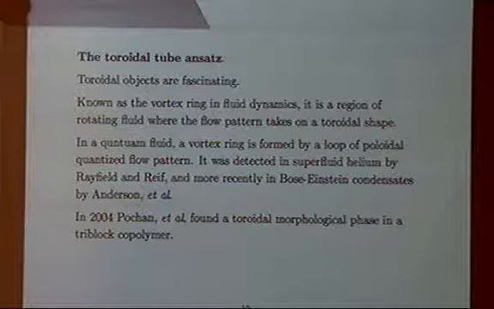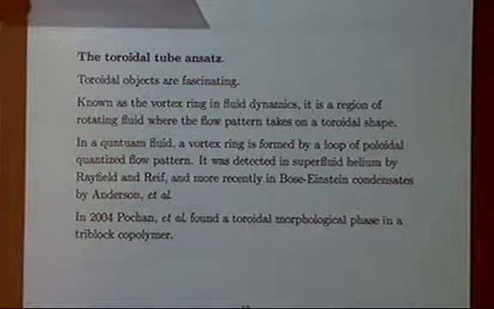Now, what else do we have in 3 dimensions except these two ansatz? It looks like there's another structure which is quite popular in 3 dimensions, and it appears in various problems. In fluid mechanics, people study something called the vortex ring. And in quantum mechanics, people also study something called the vortex ring. But of course, vortex rings here, it has never been proved, should come from things like Bose-Einstein models.